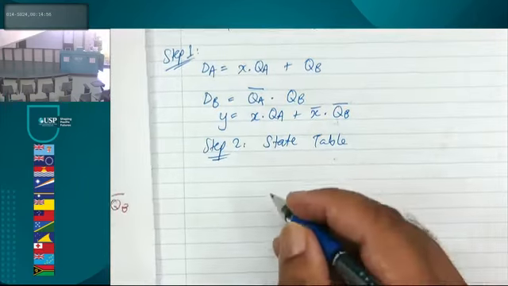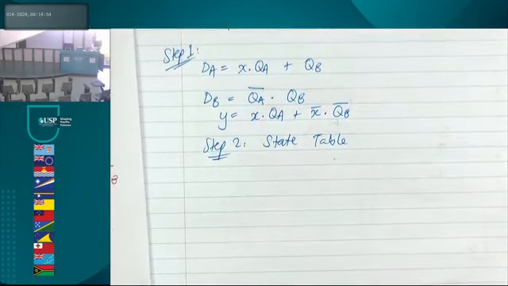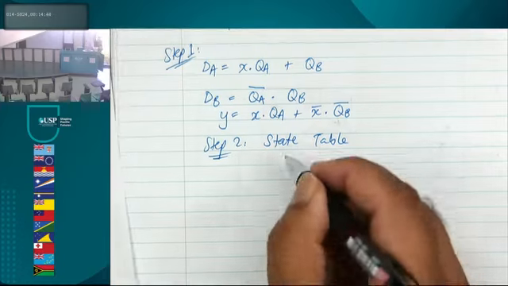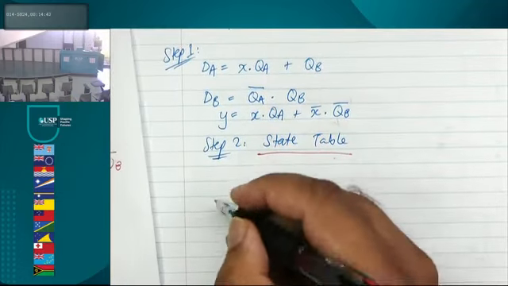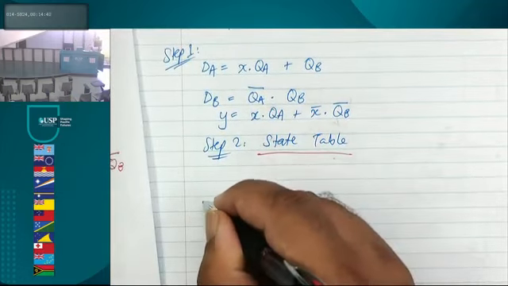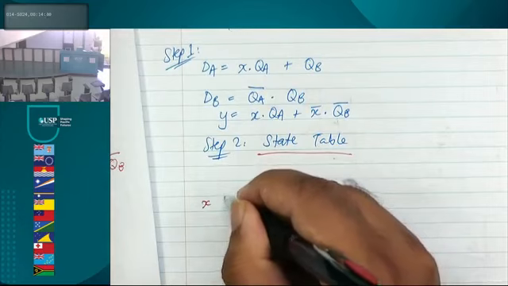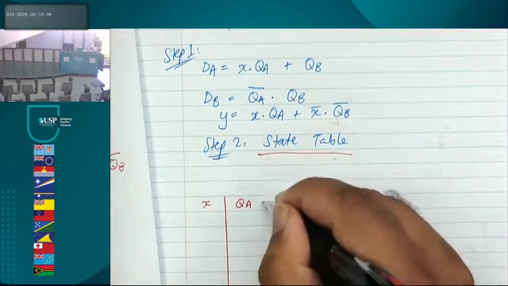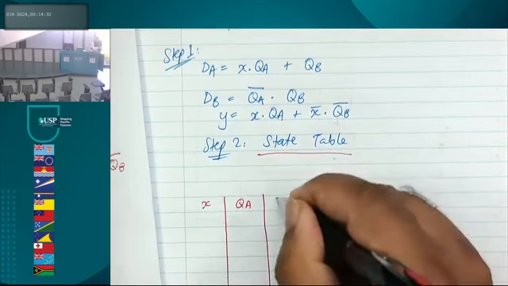Okay, state table. Let's draw our state table, which isn't too much of a hassle, by the way. Do not get scared by these big names. So state table, you have X. It really doesn't matter what order you write it in, so long as you're consistent.